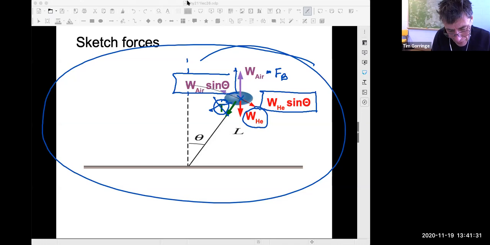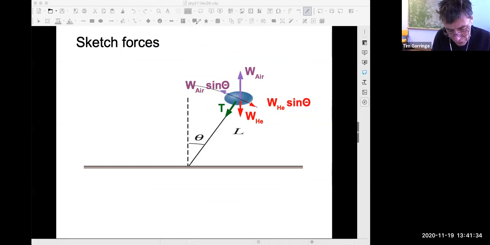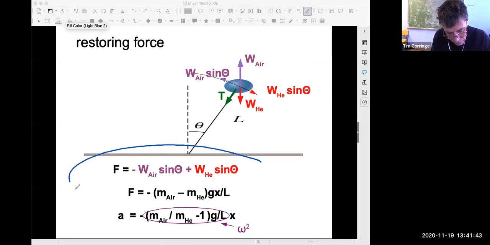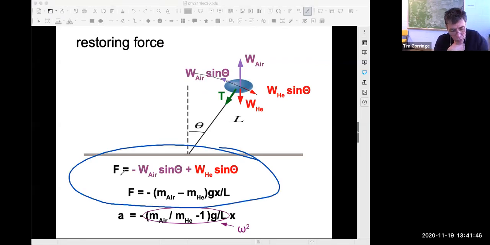Based on that picture, I can write down an equation for the restoring force. So let me do that. I did that on the next slide. And here it is. So the total restoring force, just called F, that the helium balloon is experiencing is, well, there's this restoring force due to the displaced air, W sine theta, where W is the weight of the air, and there's this unrestoring force, W sine theta, where this W is the weight of the helium, which is acting in the opposite direction.